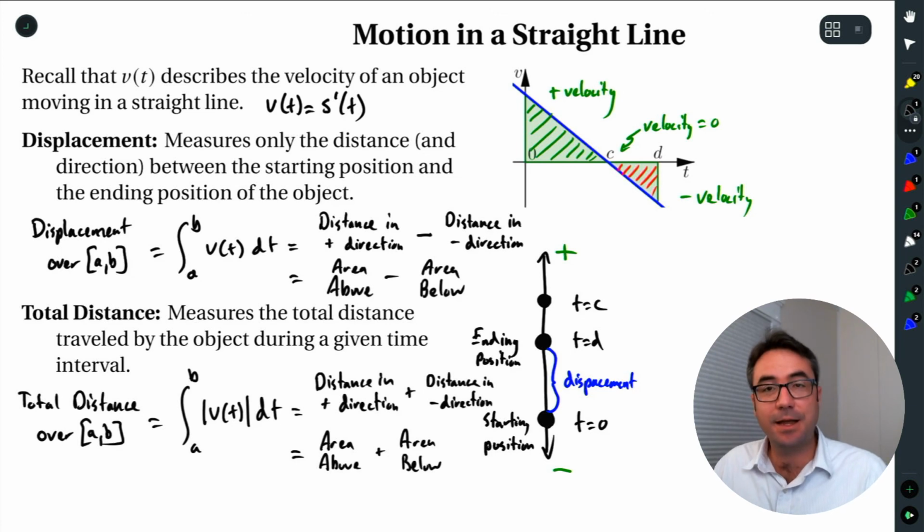We had net area and total area. Displacement is similar to the net area, and total distance is similar to the total area under the curve. All right, we're going to see how to calculate these in a few examples. So we'll see you there.